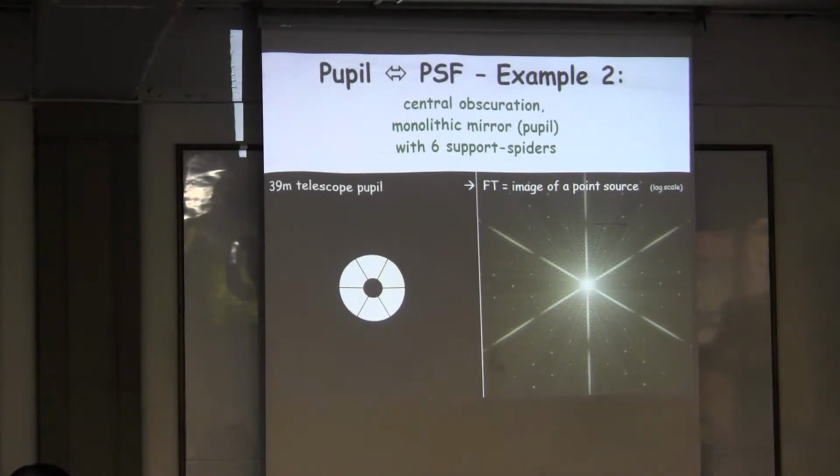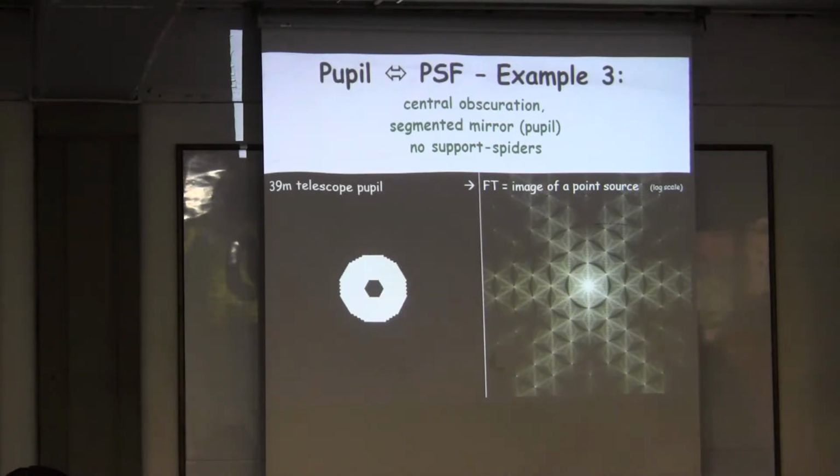Now we can make it even uglier because have you ever seen a 39-meter mirror? One piece of mirror? Apart from the fact that you would never get it to the observatory site because it would fit on no road, in no airplane. You have to make the mirror smaller and piece it together. So we now have a segmented pupil mirror.